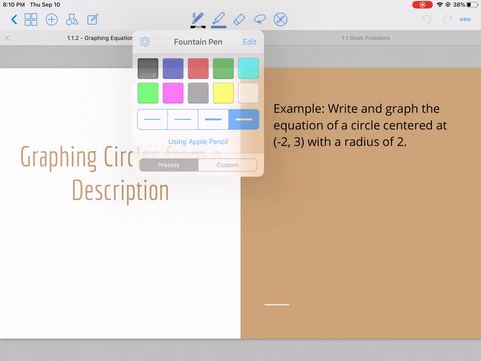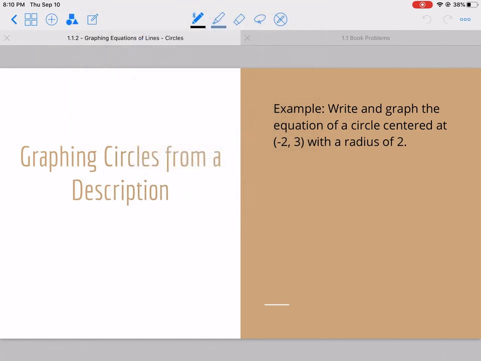One more example for us, graphing a circle from a description. So write and graph the equation of a circle centered at -2, 3 with a radius of 2. So if the general form is this, I'm going to plug this in for h, comma, k.